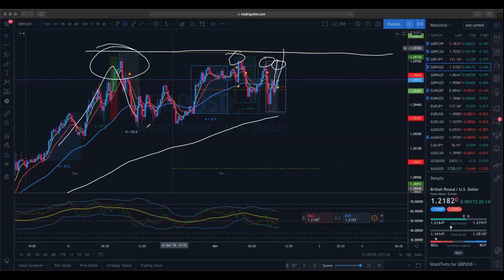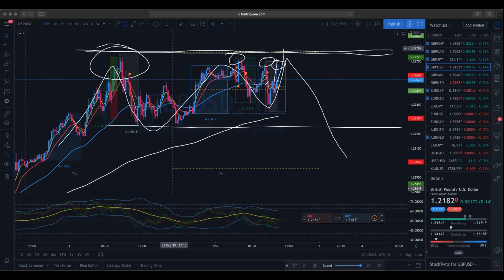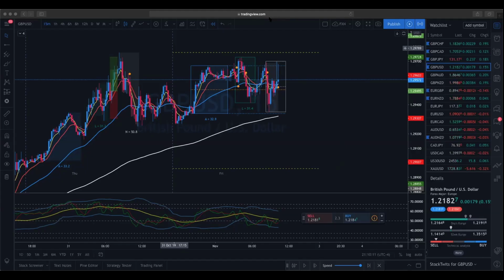So all it's doing here is just creating a level. So does everybody see that, yeah?